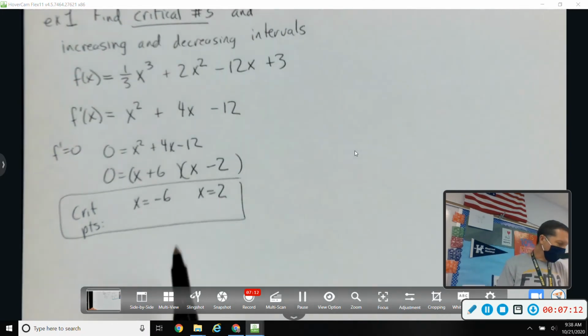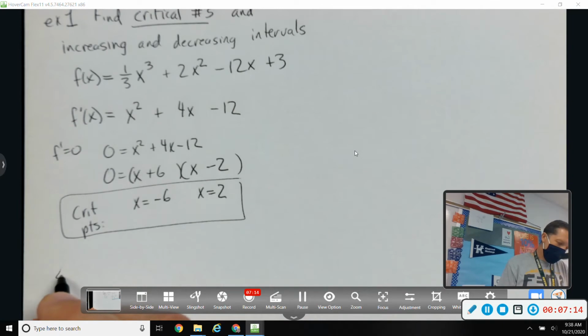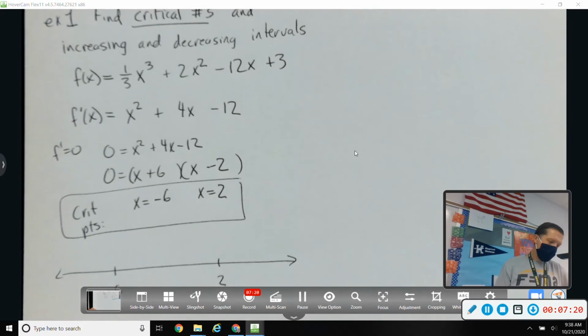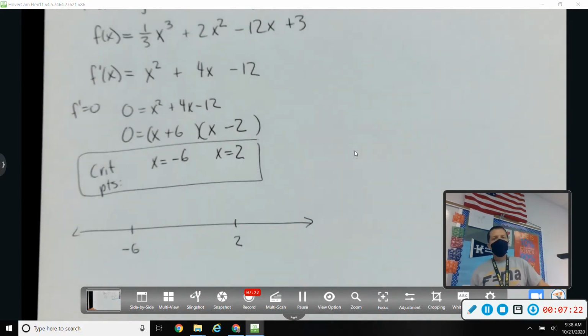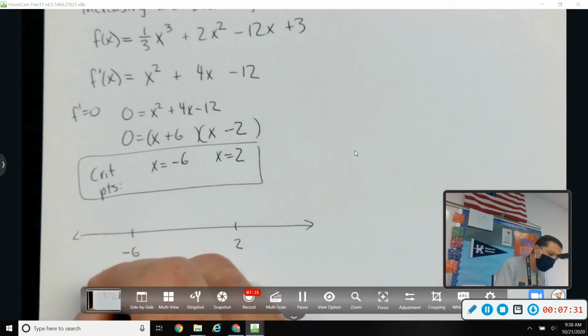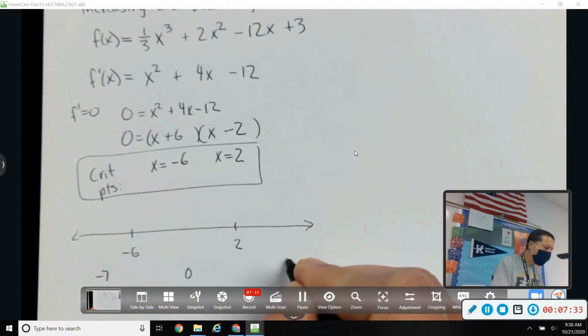Now I'm going to make a number line. -6 and 2. And I know f prime at those places is 0, but what I want to know is what's going on in between those places. What's going on at -6? What's happening at 0? What's happening at 3?